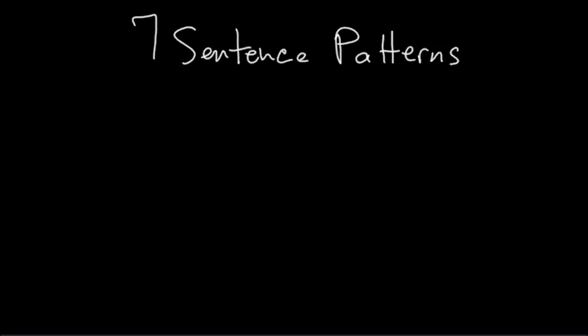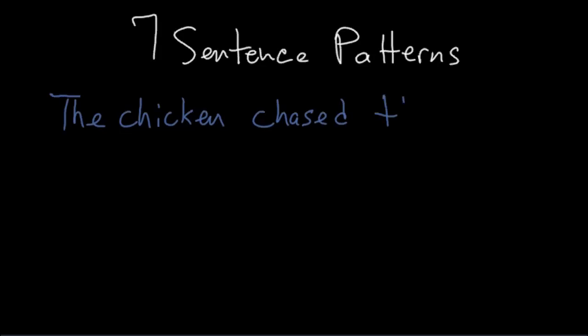For example, if we took the sentence, "The chicken chased the pig," we understand that the chicken is doing the action. The chicken is the subject, and it is chasing the pig.